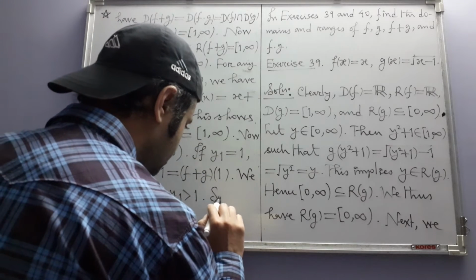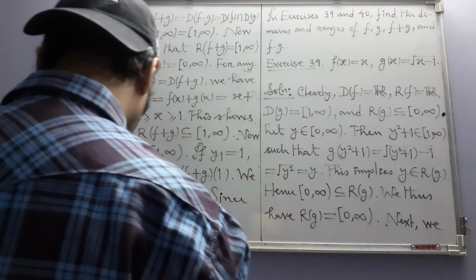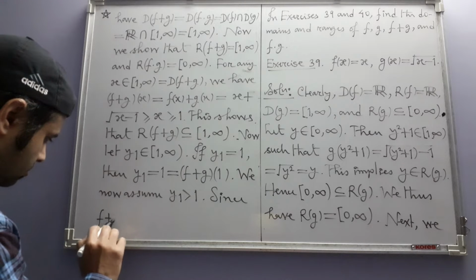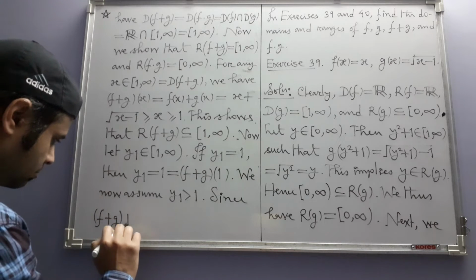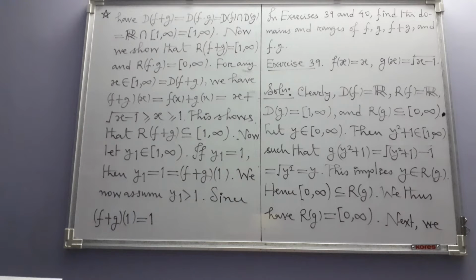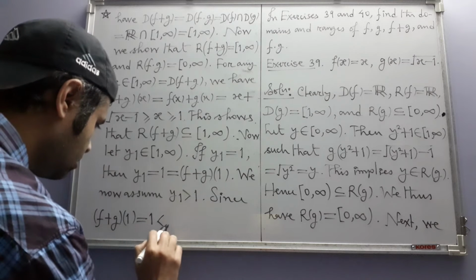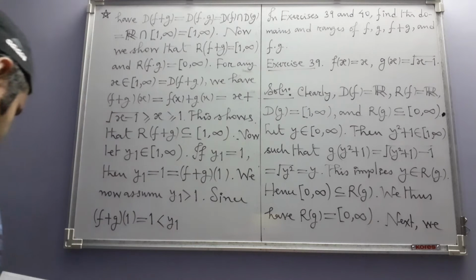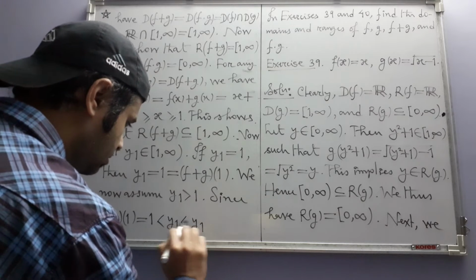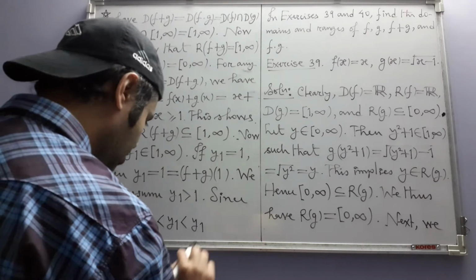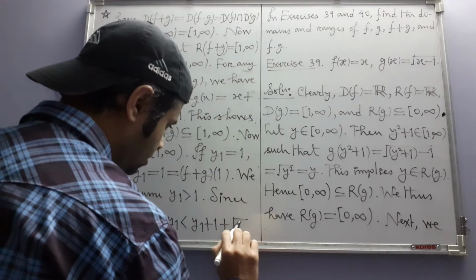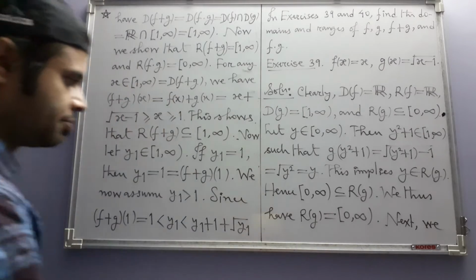Since f plus g of 1 is equal to 1, this we have already seen, this is less than y1, which is less than y1 plus 1 plus square root of y1.